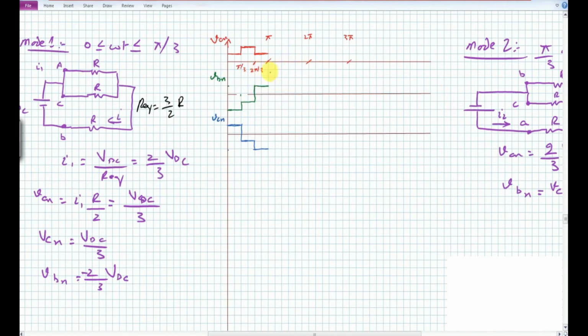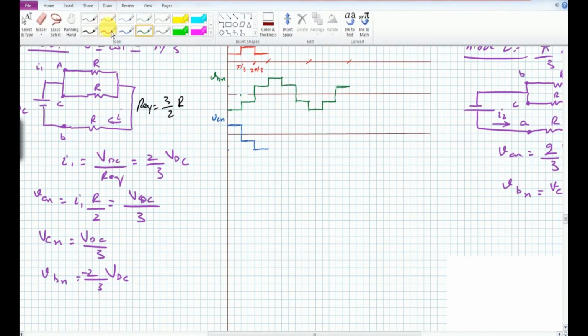Now you see here that in a nutshell, these phases have 6 steps as follows. It will retain its value from this particular point till this particular point, and then we have this type of a shape for the waveforms.